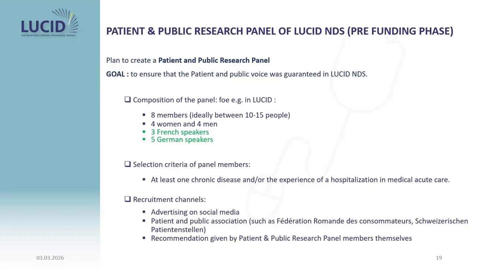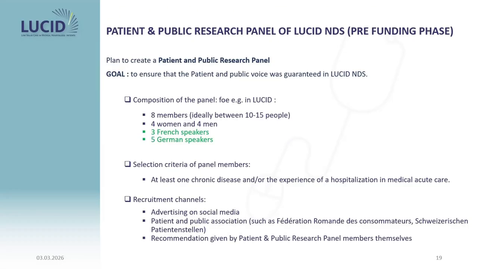So how did we recruit the panel members? In our study, it was about low-value care in hospitalized patients. We asked them to have experience of a chronic disease or experience of a hospitalization in medical acute care, so they could know about the research project. They have some medical experience.